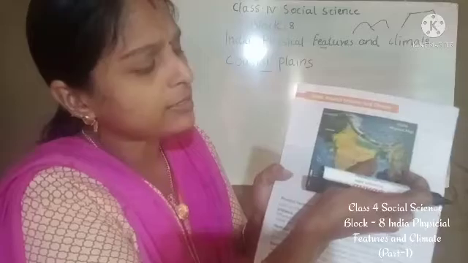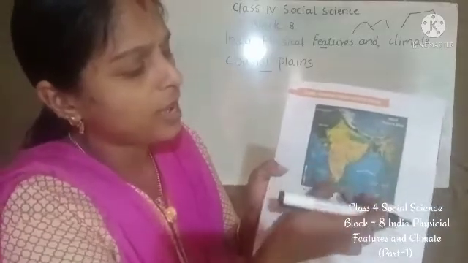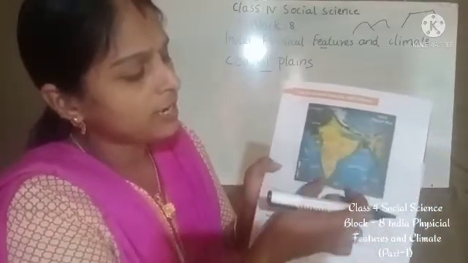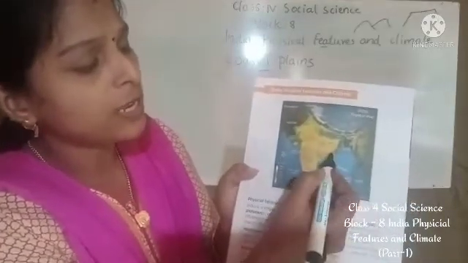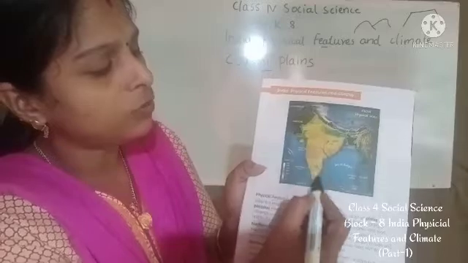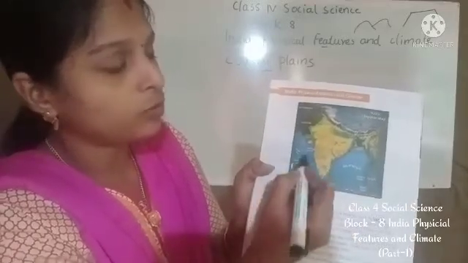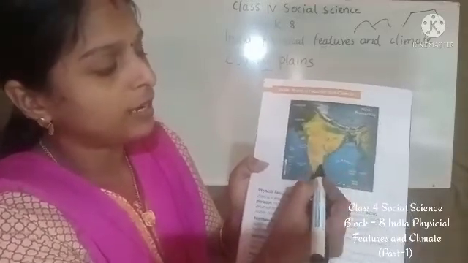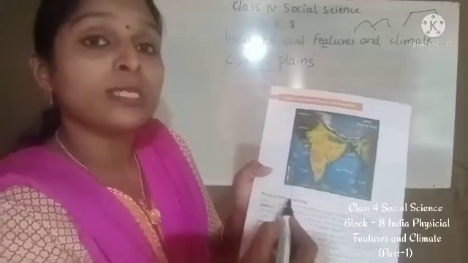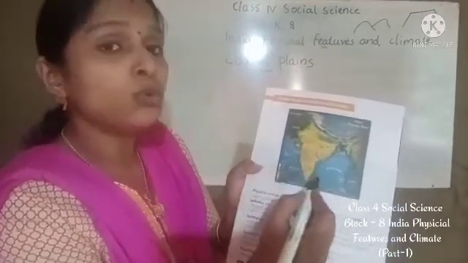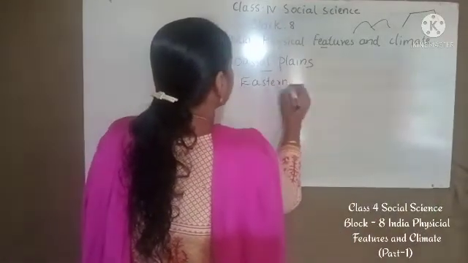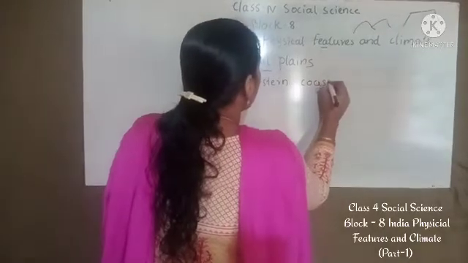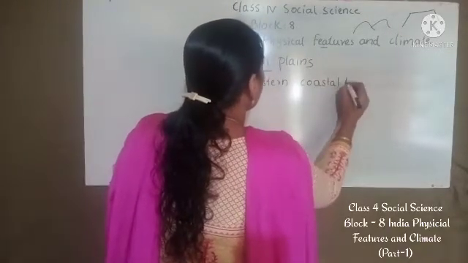Here we can see these two sides of India, the eastern side and the western side of the border of India. We can see a green colored area. This green colored area on the two borders of India is the coastal plains. There are two coastal plains, eastern coastal plains and western coastal plains.